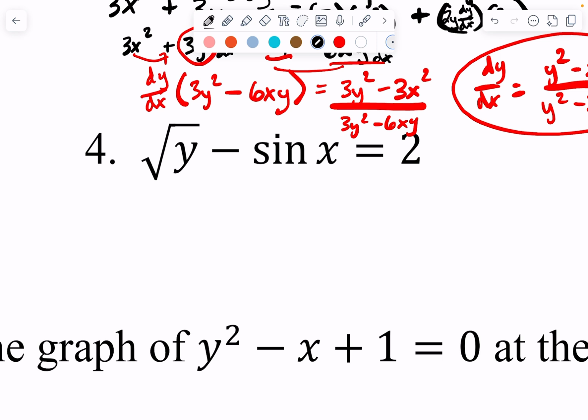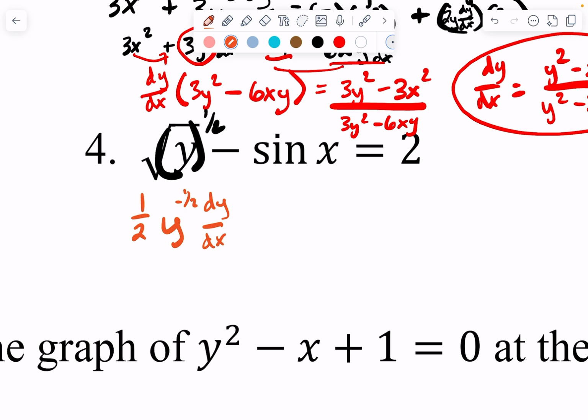The square root of y is y to the 1/2 power. We have to do chain rule for that one. So 1/2 comes down in front, y to the negative 1/2, but don't forget it needs dy dx.